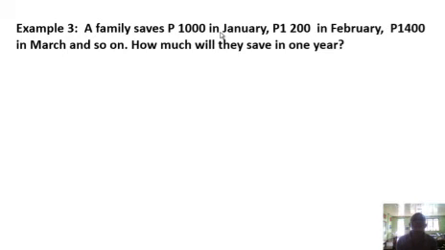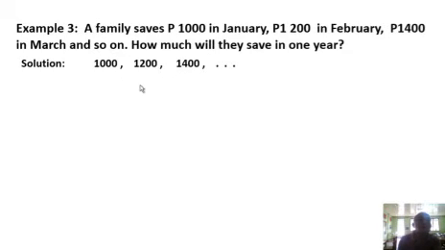Okay, next problem. A family saves 1,000 pesos in January, 1,200 in February, 1,400 in March, and so on. How much will they save in 1 year? Okay, take note. If we enumerate the savings from January, February, and March, this is 1,000, 1,200, 1,400, and so on.